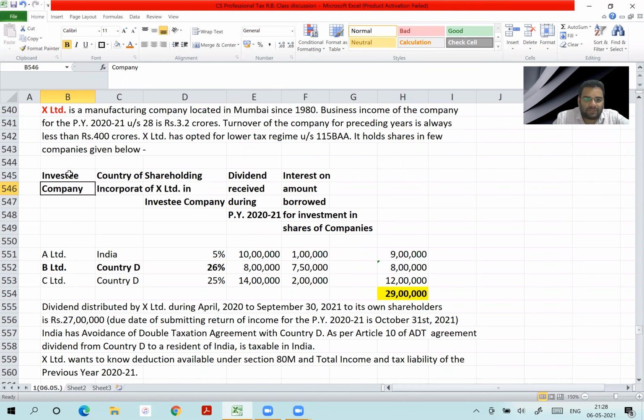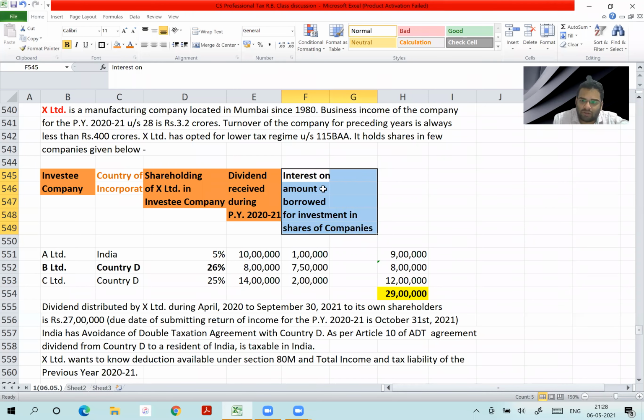Investee company means the company in which I've invested. Country of incorporation tells you whether it is a foreign company or an Indian company. What is the shareholding in that company? From that you will understand whether it is a specified foreign company or not. Dividend received during PY 2021 and interest on the amount borrowed for investment in shares of companies.